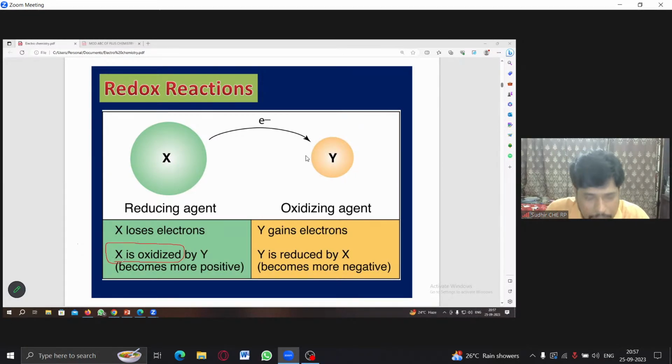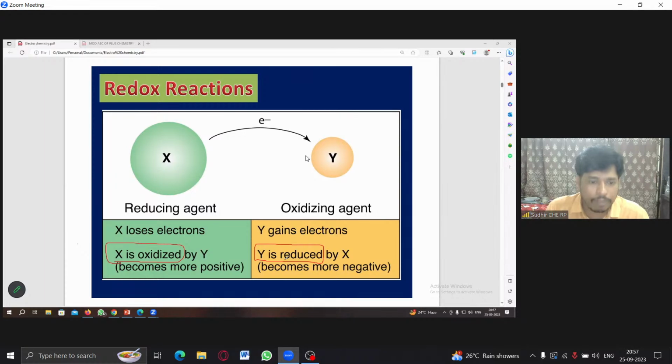The species involved in the loss of electrons is oxidized. Likewise, electronegativity is the nature of the element. Because of that nature, in which kind of process will it be involved? In the gaining of electrons process. Gaining of electrons is called reduction, no? That's why we can say that the electronegative species is undergoing the reduction process. That clarity we must maintain.